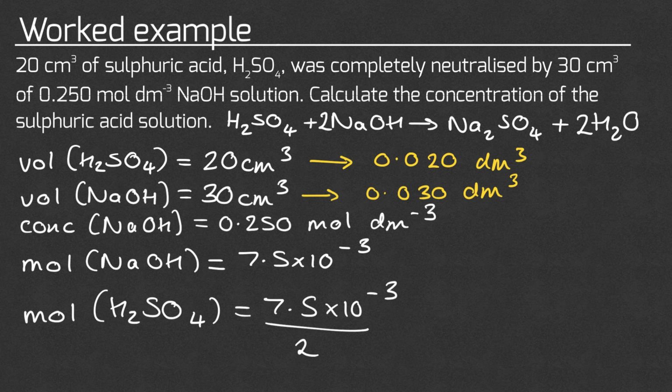So the moles of sulfuric acid will equal 7.5 times 10 to the minus 3 divided by 2. Now we've got the moles of sulfuric acid, we can use moles equals concentration times volume one more time to work out the concentration of sulfuric acid.